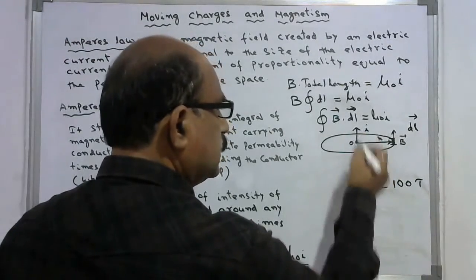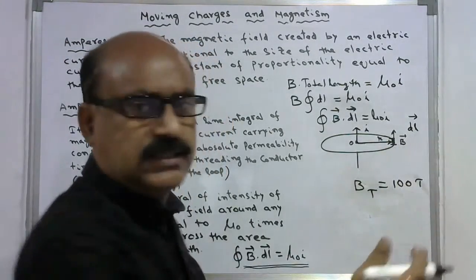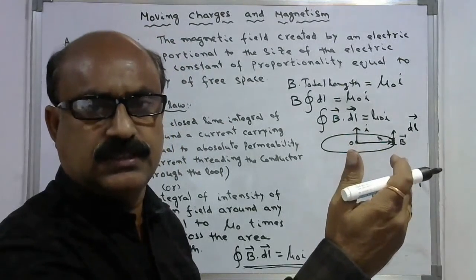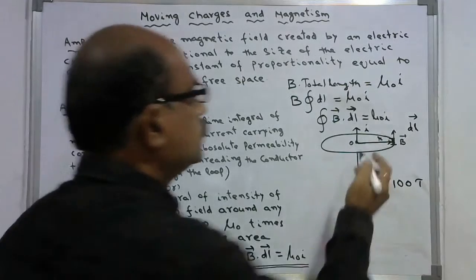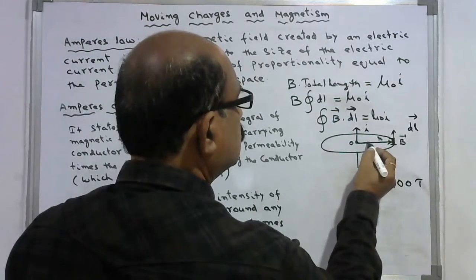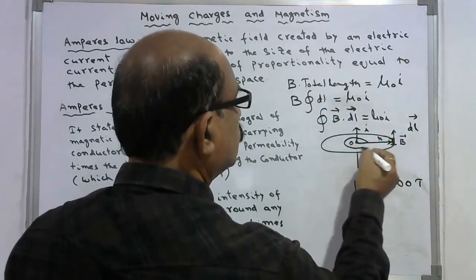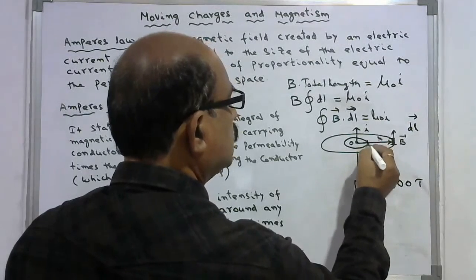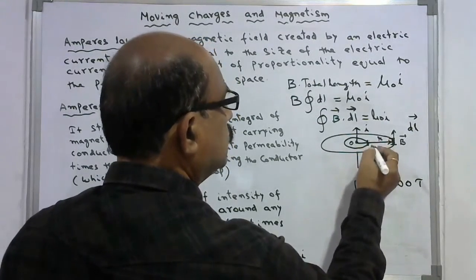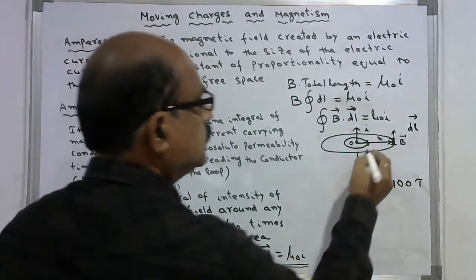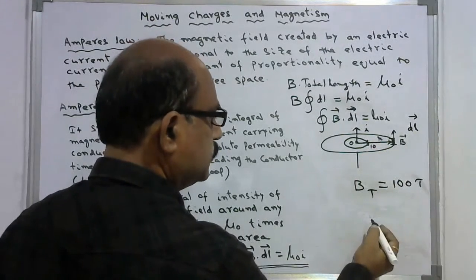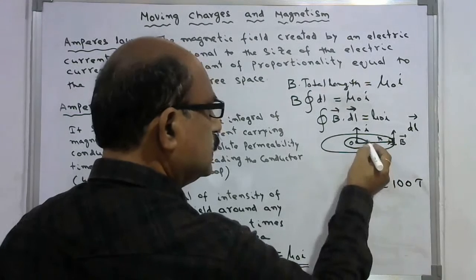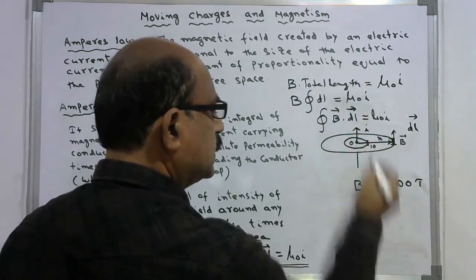Suppose if you go out of this conductor, normally the field will reduce. So I would like to find somewhere here, say at this particular point, the field will be, say, some 10 Tesla, 10 units. That means the total field is 100.